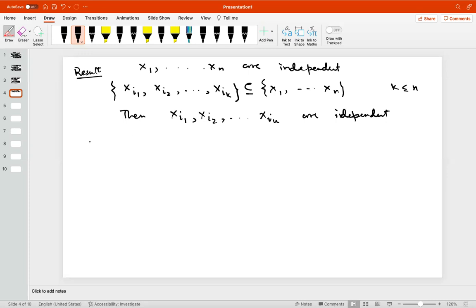Now, one example that pairwise independent may not be mutually independent.